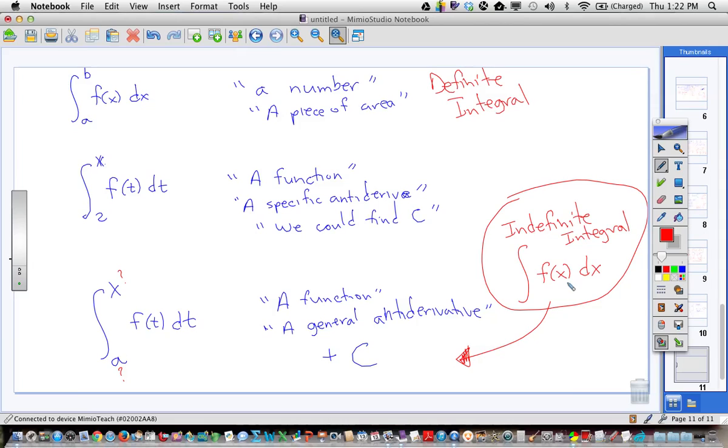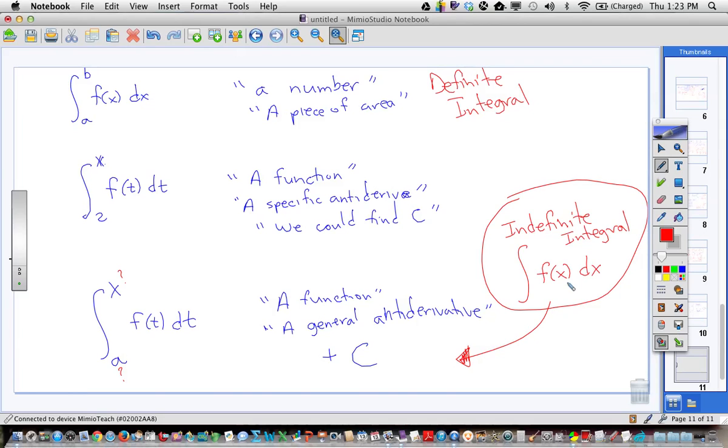Now, some of you have already done that in your calculators, I think. You notice when you go on your calculator, there's 2 integral signs. There's one that has boxes for you to put numbers in, and then there's one that doesn't have any boxes, I think. Isn't there 2 of them? I think there is. And so there's the one to put numbers in if you're doing a definite integral, or if you're typing in an antiderivative.